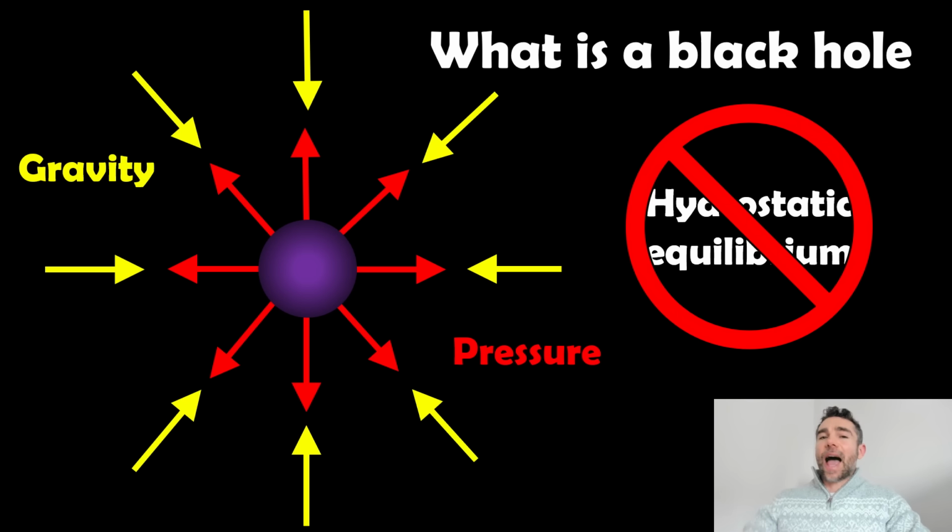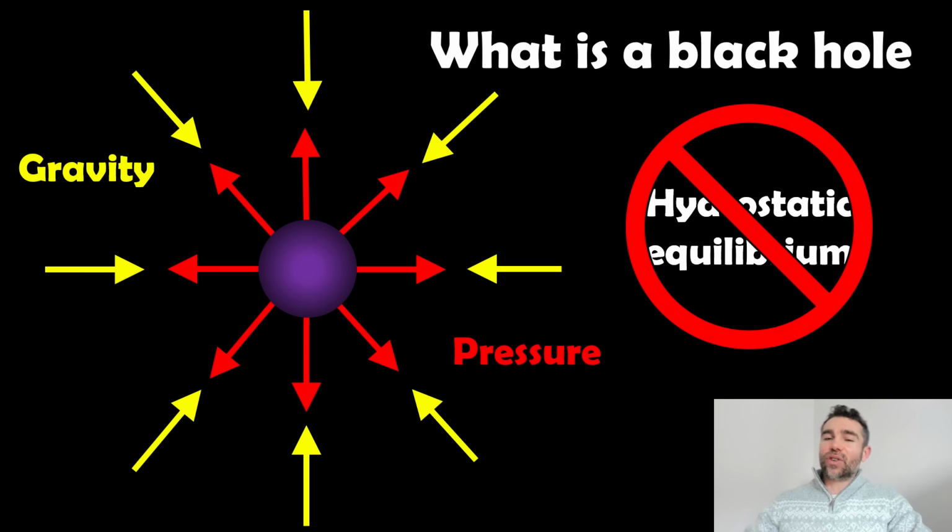So there's no outward pressure which can stop that collapse, although we don't really know what's inside the event horizon of a black hole, so maybe there is some additional pressure so it doesn't go to an absolute point. But anyway, they're not really in hydrostatic equilibrium, and they've been collapsed to a very small point basically due to how massive they are.